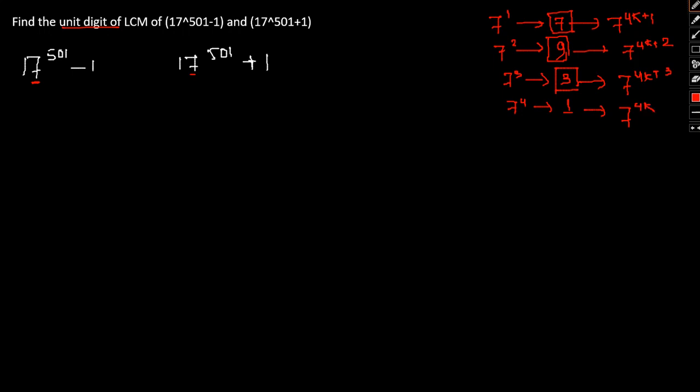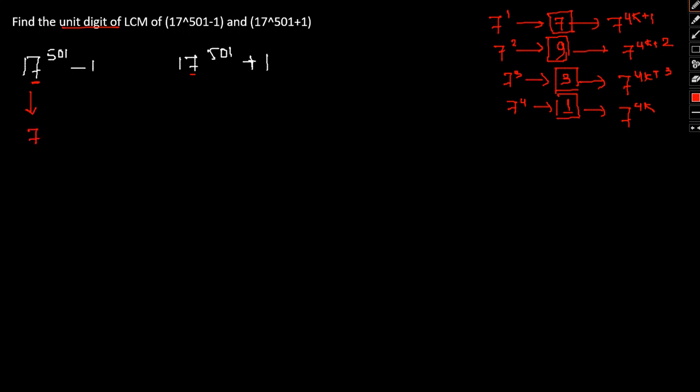So this is the cyclicity of 7, basically a cycle of 4.